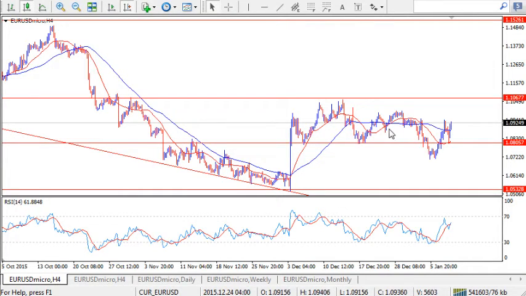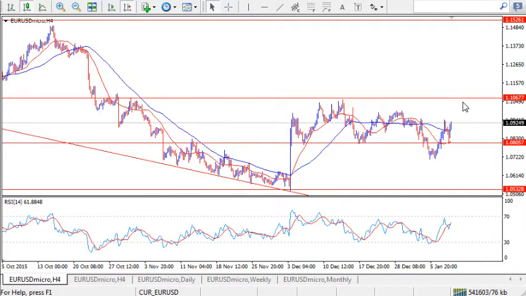Furthermore, the SMAs are all below the current price of the instrument, and thus the probabilities are that prices will continue to the upside from here.